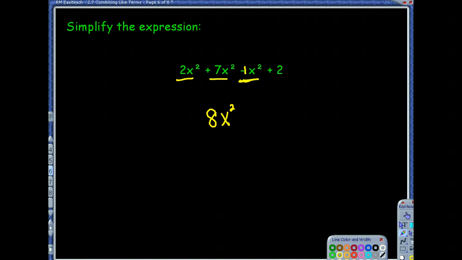So think about just the numbers. I had a 2 plus a 7 minus a 1. They're like terms, so we're going to combine them together. Now, notice that I didn't use this plus 2. This plus 2 at the end is a constant. It's not a like term with the other terms in this expression. So when it's not a like term with anything else, we'll just bring it on down. So we had 8x squareds plus 2.